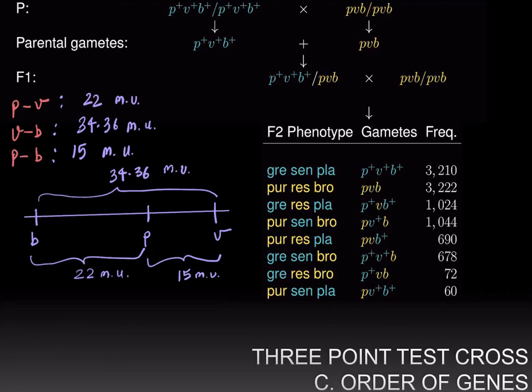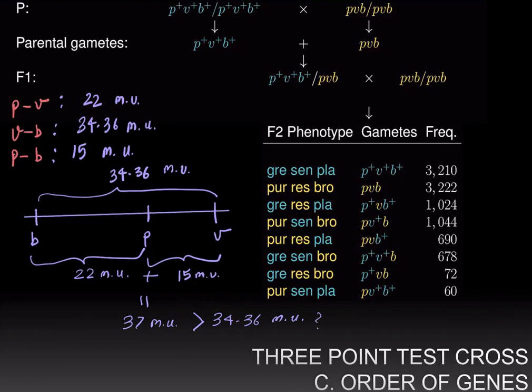One interesting inconsistency, or paradox if you will, is that if I add up the distances between BP and PV, I get 37 map units, which is more than the 34.36 map units we calculated using recombinant frequency for the distance between B and V. So which one is correct?